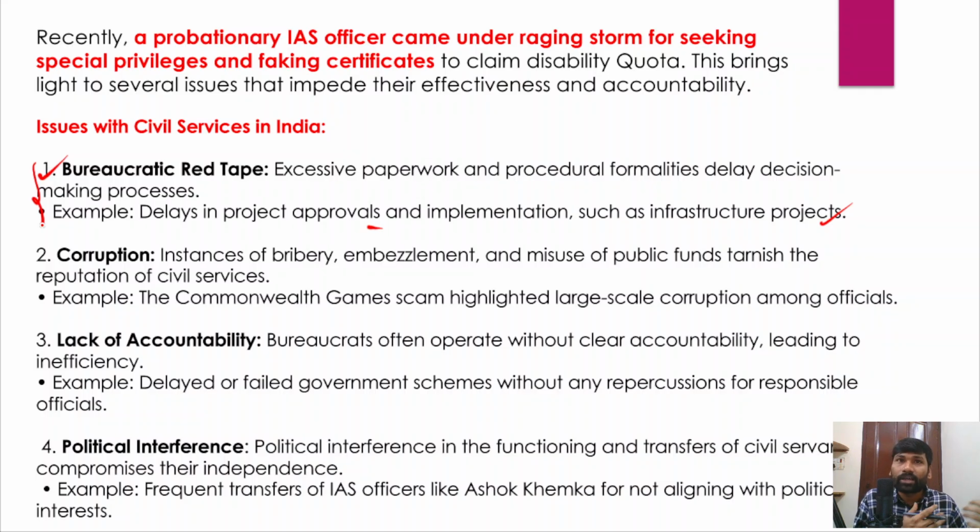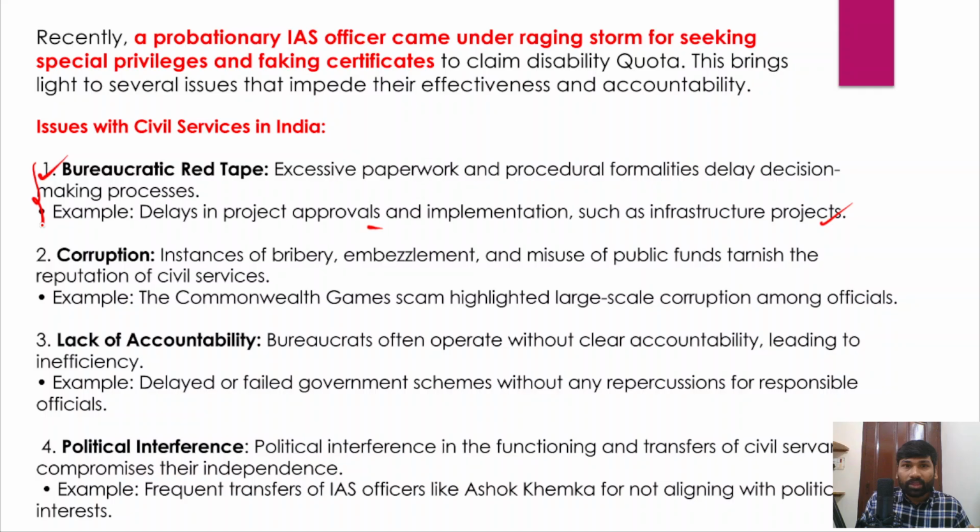And apart from that, corruption is another major problem plaguing the civil services, because we very often see incidents of corruption, embezzlement, or even misuse of public funds. Because of that, efficient utilization of public resources is always emphasized when we talk about prudence as a value in the civil services, the prudent use of public resources.